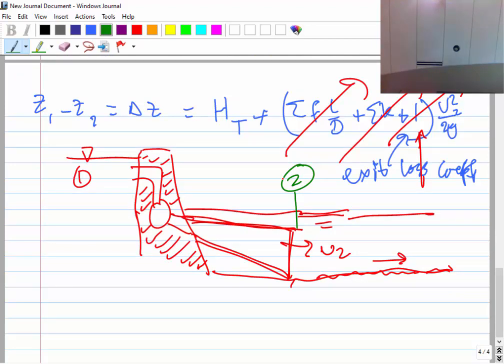And I just told you we make the exit really big and that helps the energy equation. You get more energy available to the turbine. Any bad thing about this? Anything that doesn't make sense? That story doesn't fly? Anything?